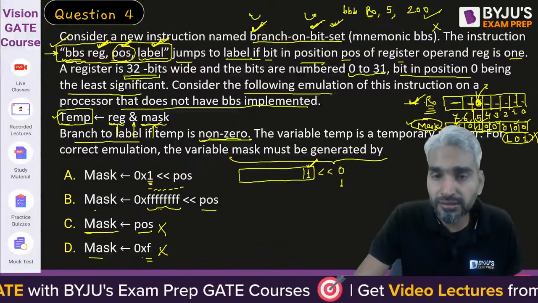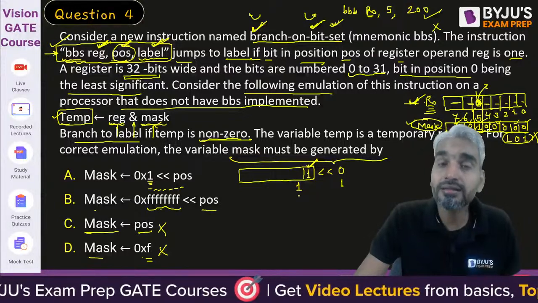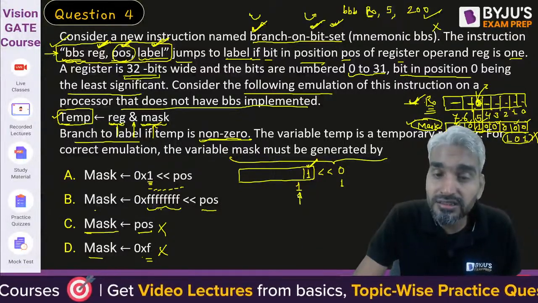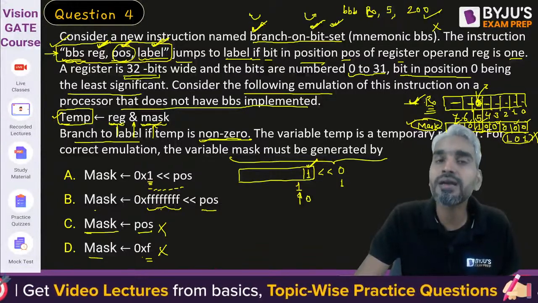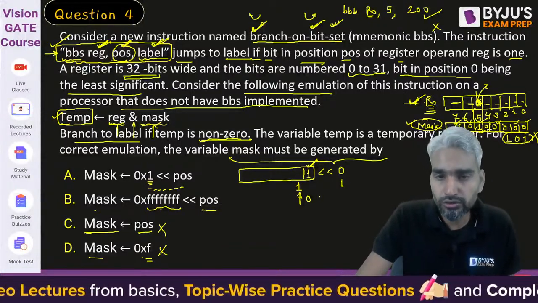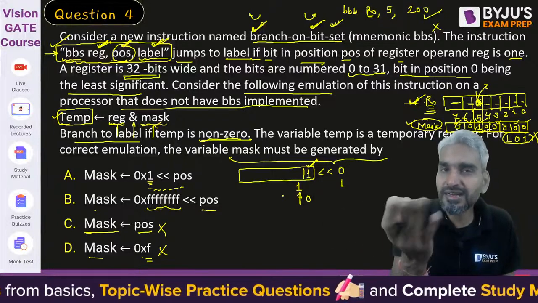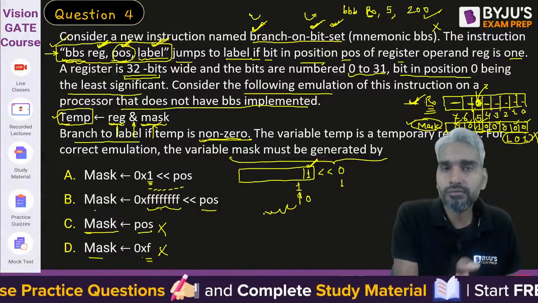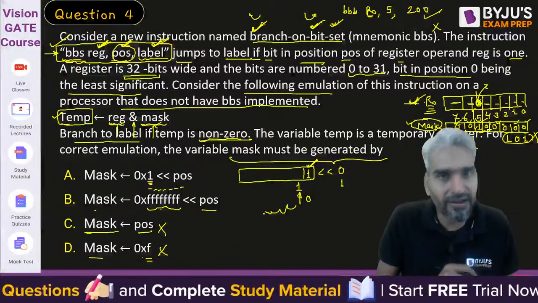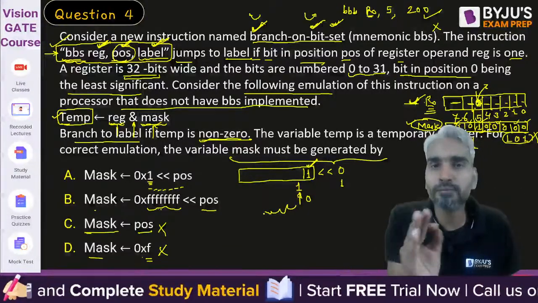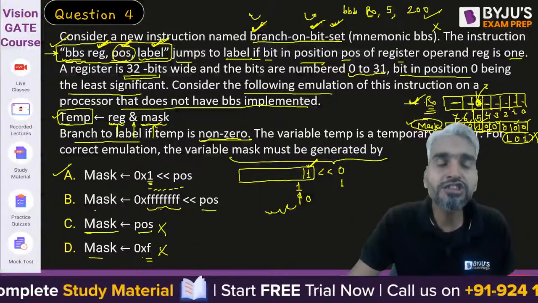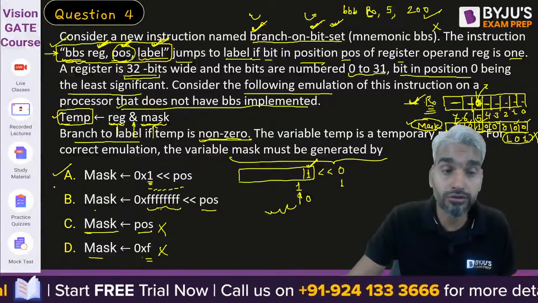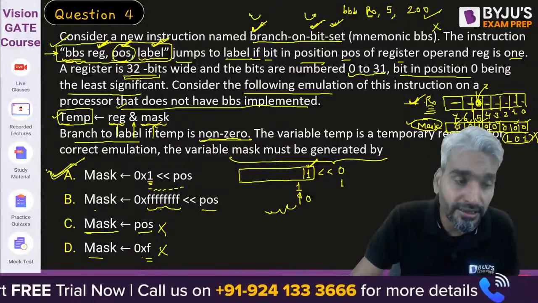If you left shift it by 1, then this 1 will come here, that is, checking whether the bit at position 1 in the register is 1 or not. Because of this left shift, 0 gets inserted from the right-hand side, and this 1 gets shifted by one position towards the left. So it will reach the particular position in the mask at which we want to check whether the bit in the register is 1 or not. So the correct answer will be option A.